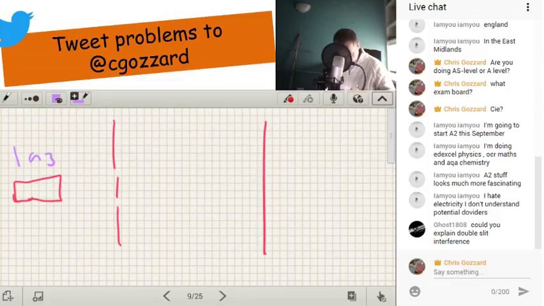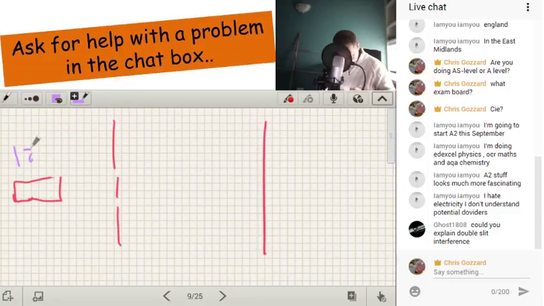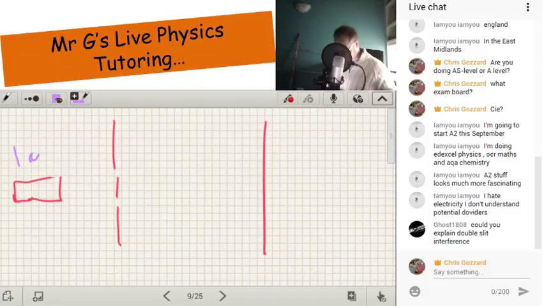So what happens is the laser light can go through the slits here. So I've got my screen here.